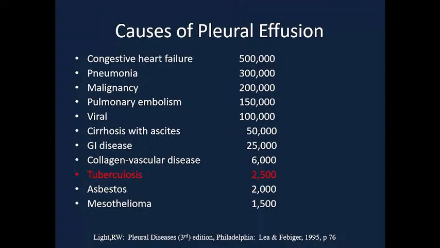So from a global view, the commonest causes of pleural effusion will be congestive heart failure, pneumonia, malignancy, pulmonary embolism, viral disease, liver disease with ascites, GI disease, for example pancreatitis, collagen vascular disease, tuberculosis, asbestosis, and mesothelioma. So this is a global view of the causes of pleural effusion. In our setup, then TB will be much more prominent.